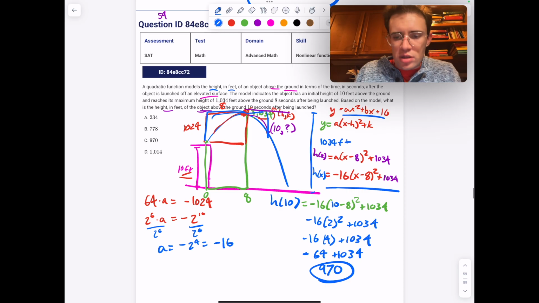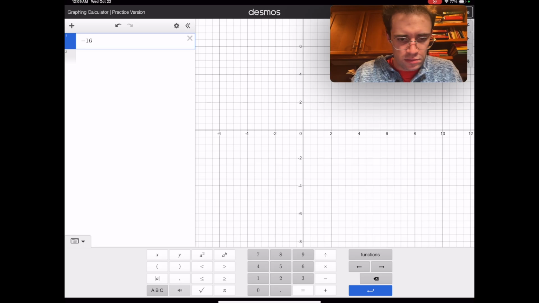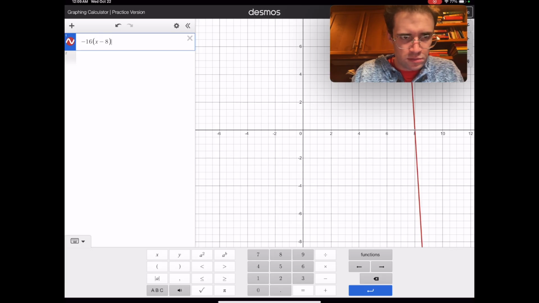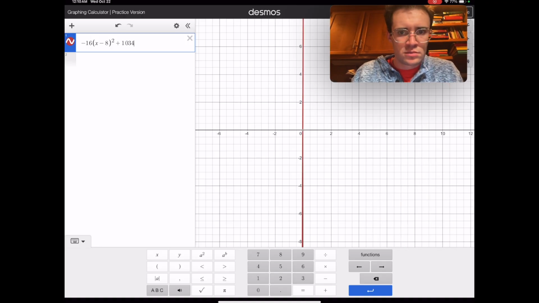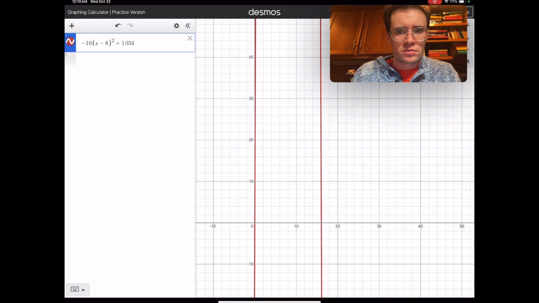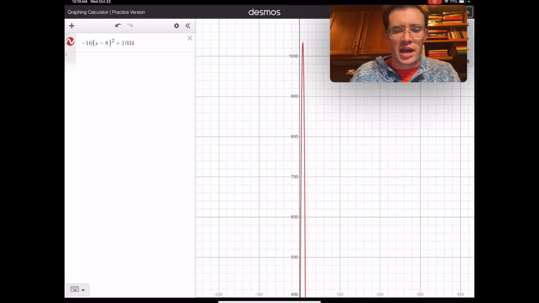But all right, if we took this function that I wrote out, so it was negative 16 times x minus 8 squared plus 1034, it gives you this massive parabola like that.